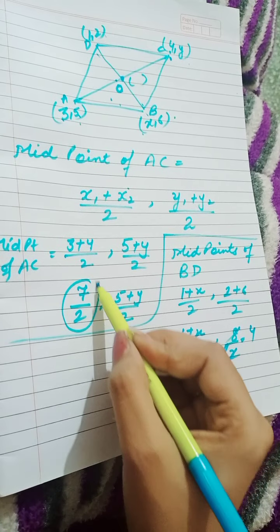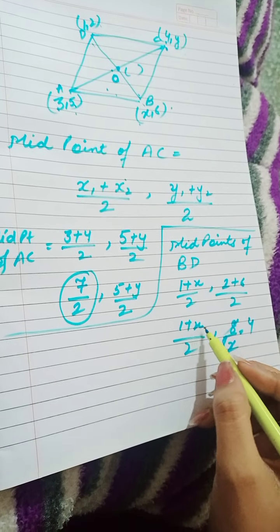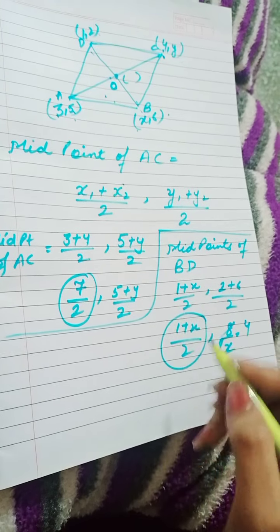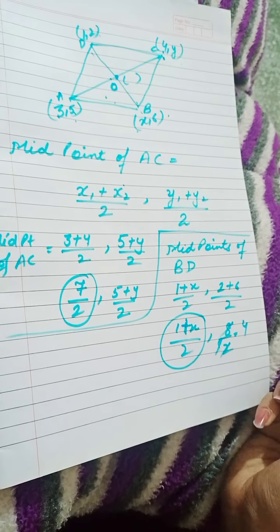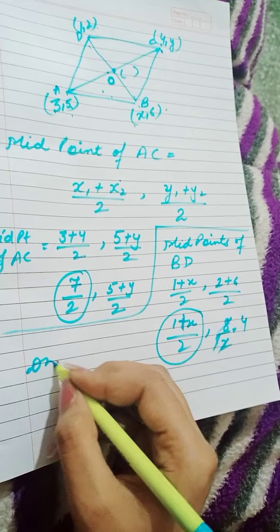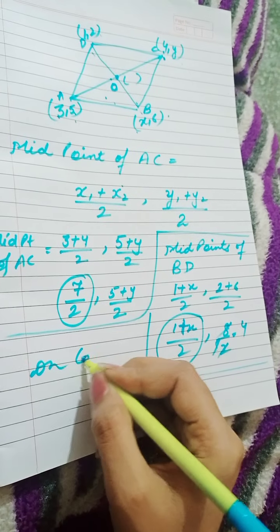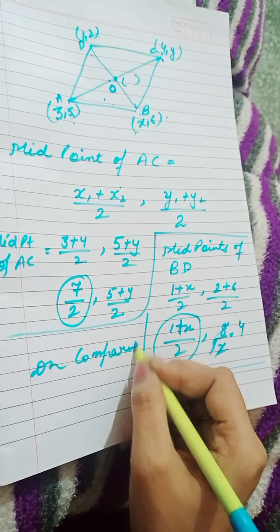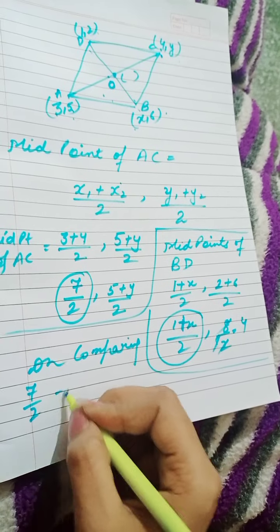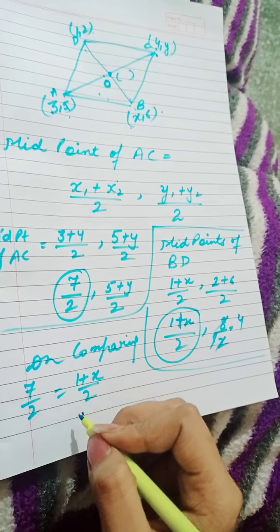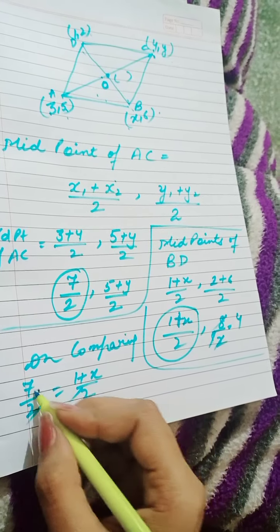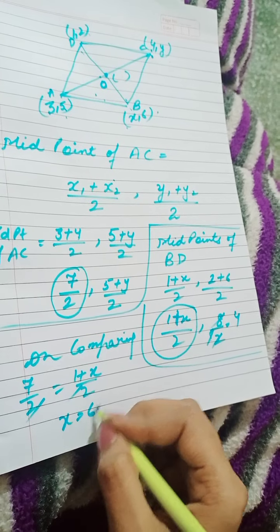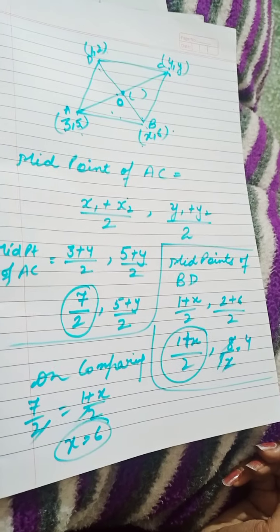So on comparing the coordinates from both sides, we get, very simple, 7 by 2 would be equal to (1 plus x) by 2. When you solve this, 1 will go to that side, and x would be 6. Clear?